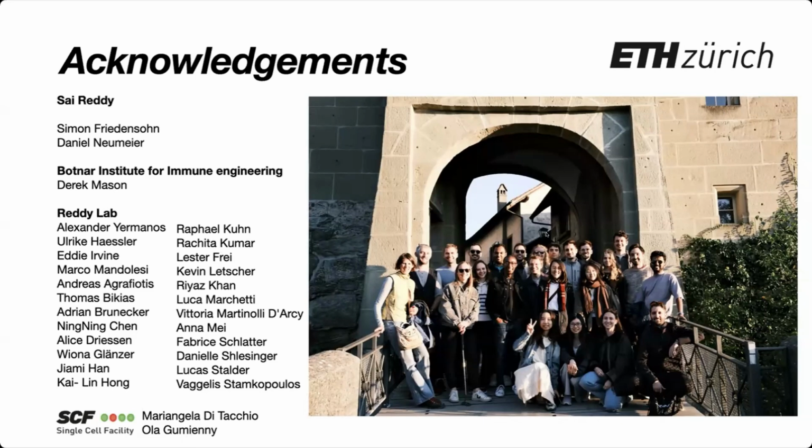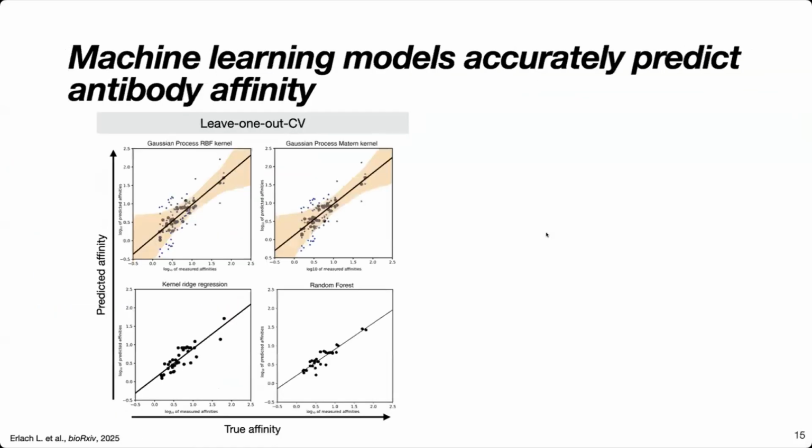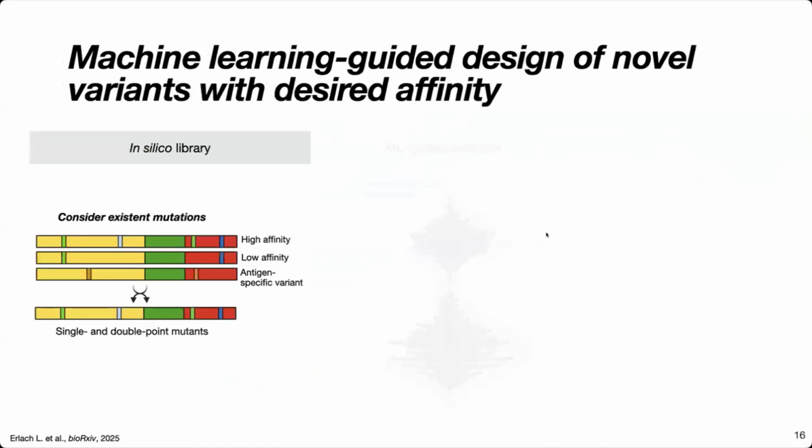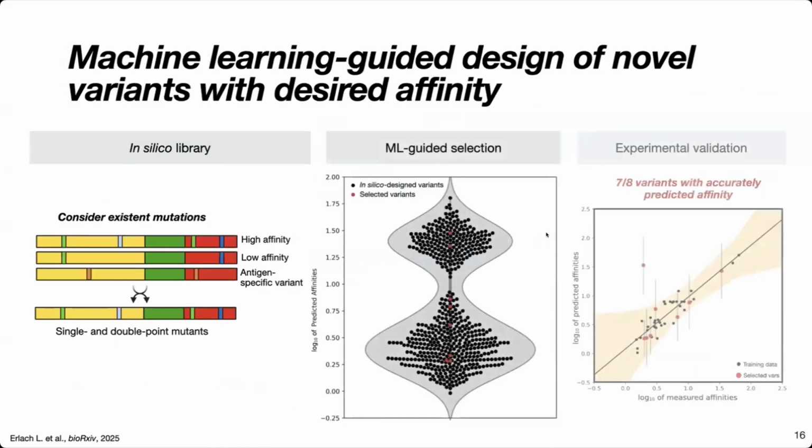Hi, very interesting talk. Can you talk about the mutations that you introduced? Can you go back to the slide? Yes, it's here. So the mutations that you introduced, you're saying that each individual mutation was never observed in your training data?